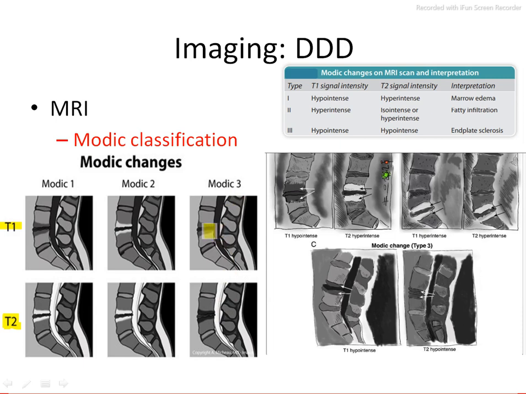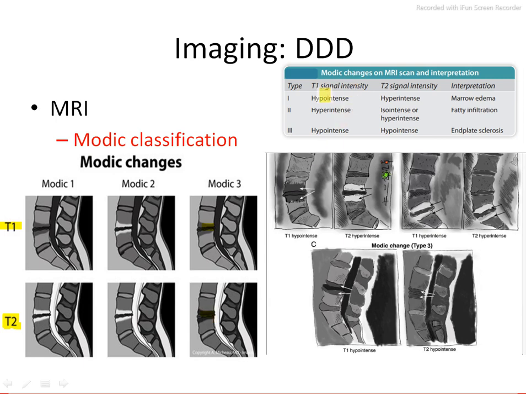You see here, this is dark, and here also dark. However, in T1 it is hypo, hyper, hypo. So in Modic type 1 it is hypo, Modic type 2 it is hyper, and Modic type 3 it is hypo. Again in T2, it is hyper in Modic type 1, hyper or iso in Modic type 2, and again hypo in Modic type 3.